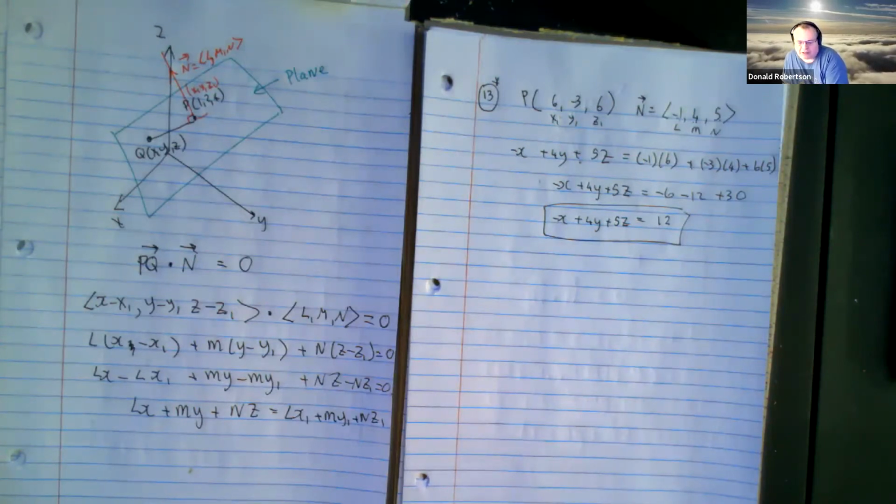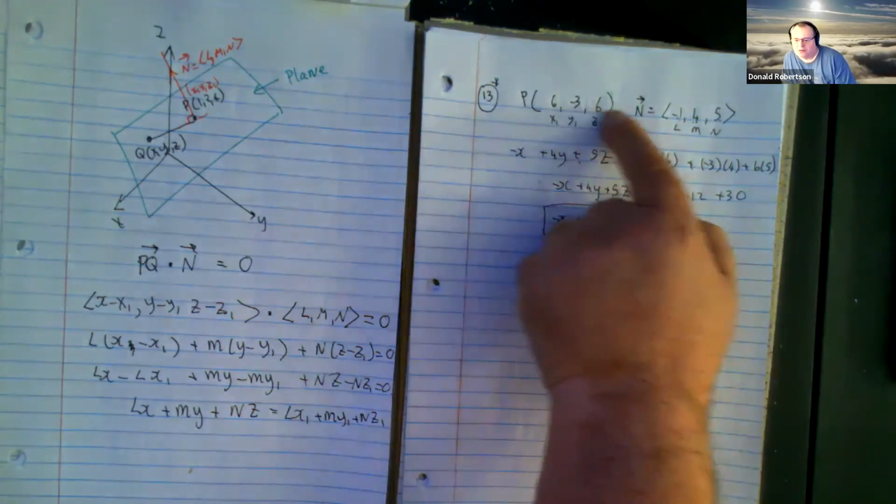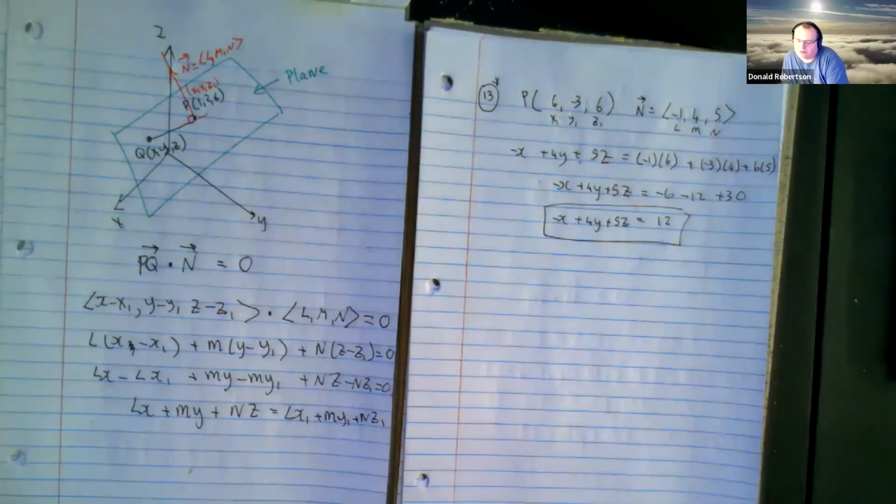Let's talk about uniqueness. Do you think that's the only equation for this particular plane? What do you think? Could I have another plane that would also represent this guy? Another equation, I should say.